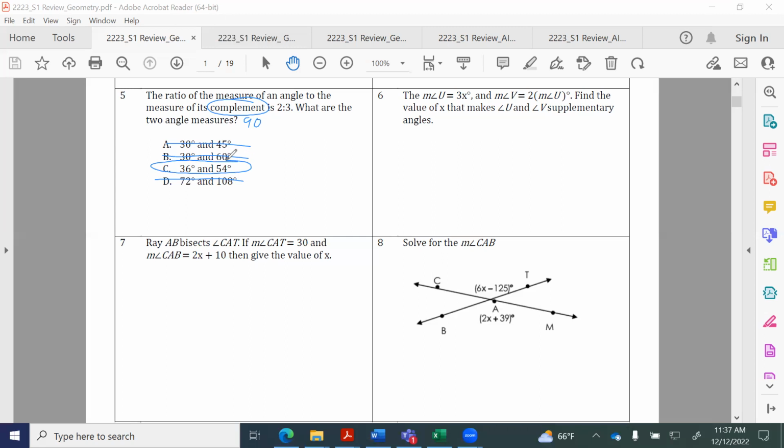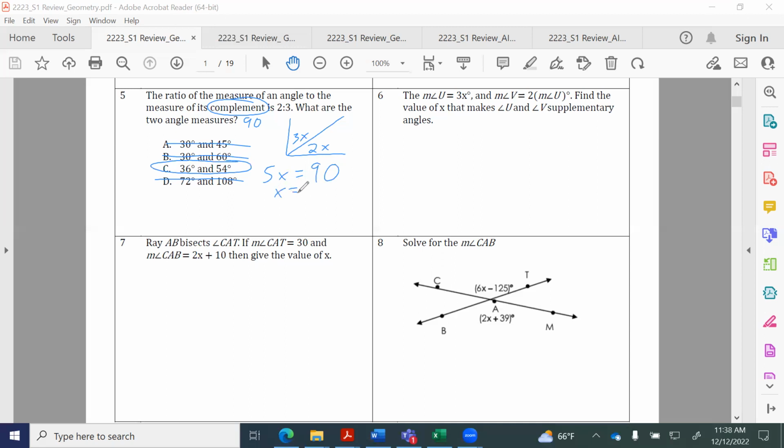Now, how would you actually do the math? Well, if we're doing a ratio of 2 to 3, let's say we have a right angle, something like that. One of these we could call 2x, one of them we could call 3x. We don't know which one's which right now. Doesn't matter. So together, those two have to add up to 90. So 2x and 3x added together is 5x, and that's going to have to equal 90.